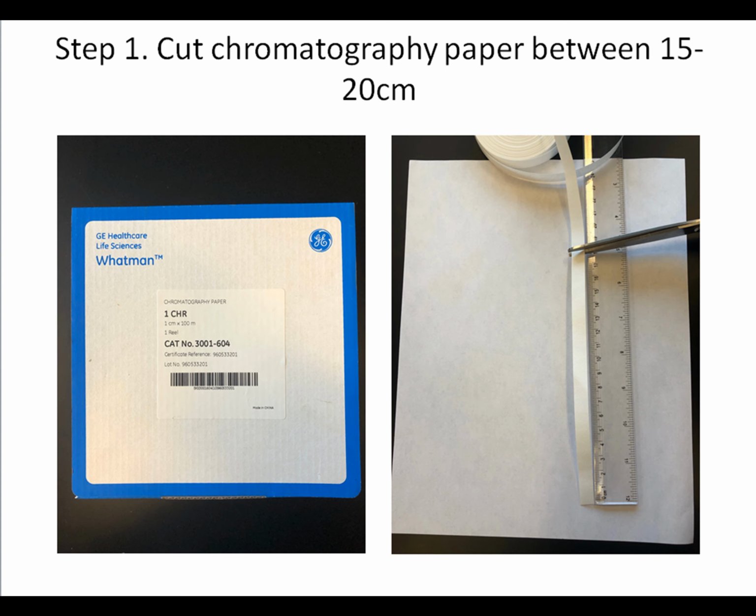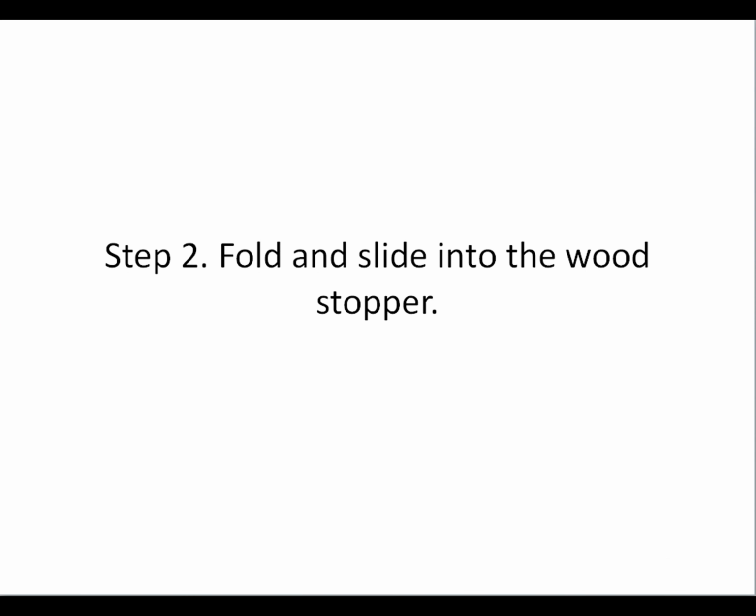Step 1, you're going to cut the chromatography paper between 15 to 20 centimeters. Step 2, you're going to fold and slide it into the wood stopper.